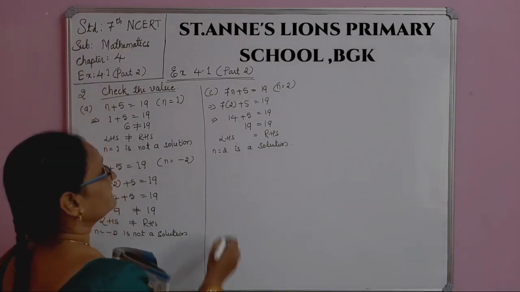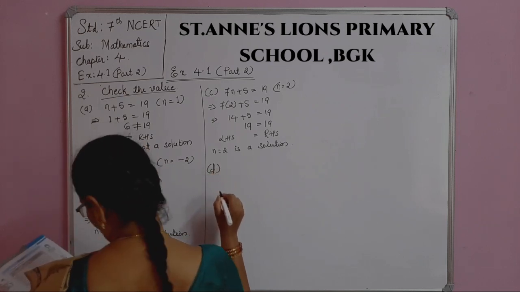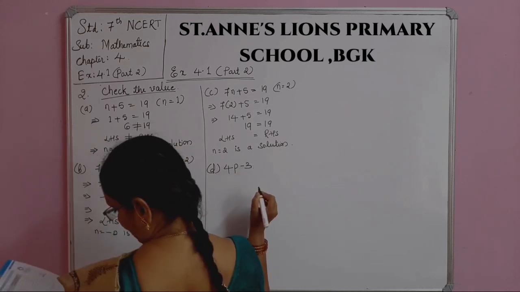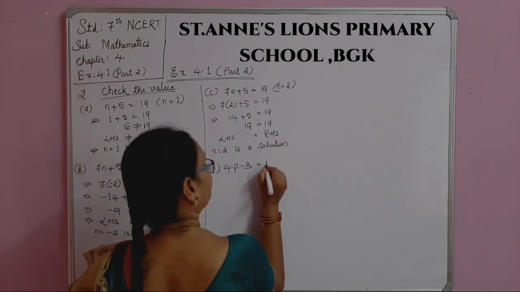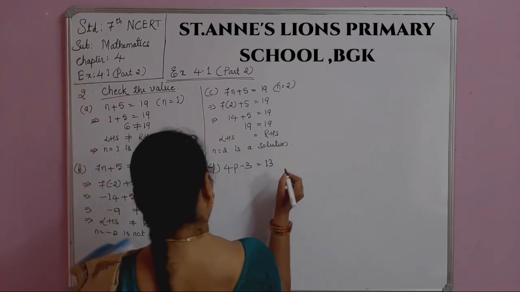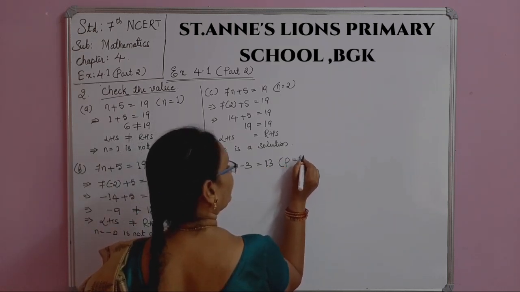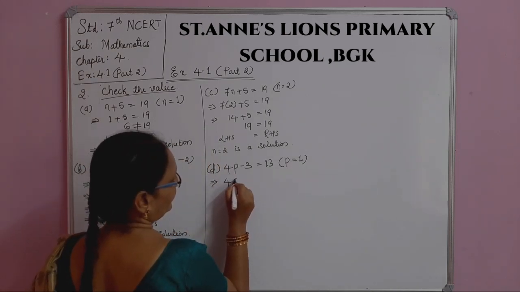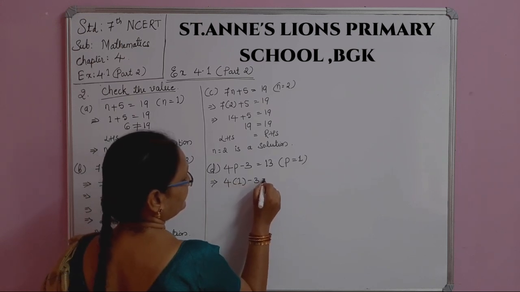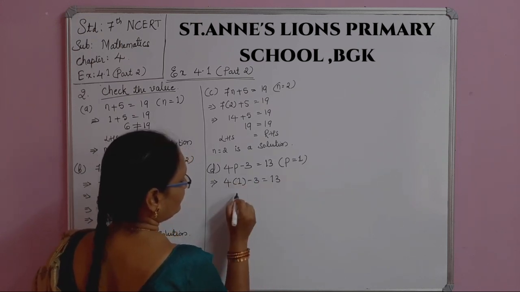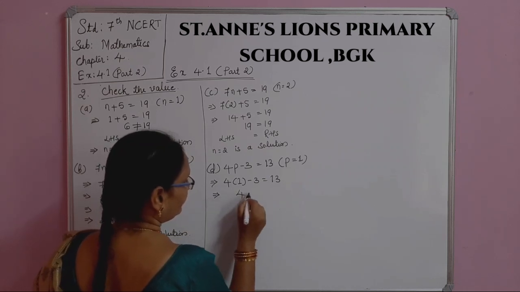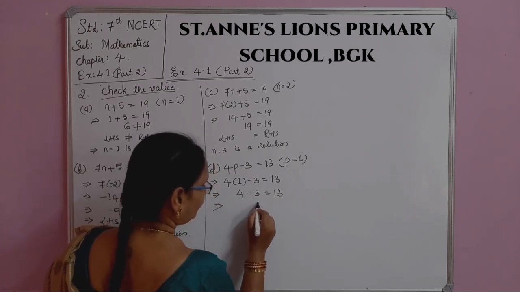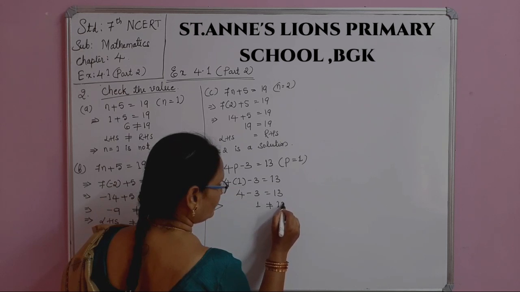Next, the fourth one, D: 4p minus 3 is equal to 13 when p is equal to 1. In place of p, 4 into 1 minus 3 is equal to 13. 4 ones are 4, minus 3 is equal to 13. 4 minus 3 is 1, and 1 is not equal to 13.